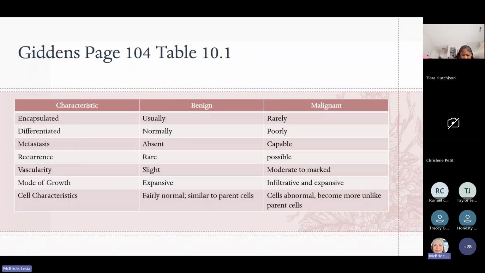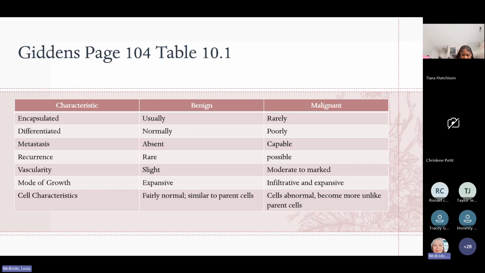They have the ability to actually turn on cells that proliferate the arteries and veins and capillaries so that they can get more nutrition and grow. So they can cause all sorts of issues with the vascularity of our cells. So that's important to know.